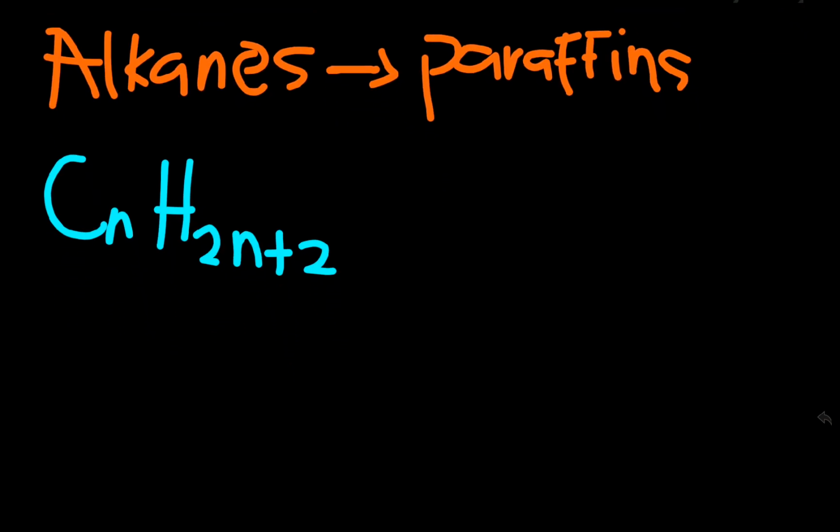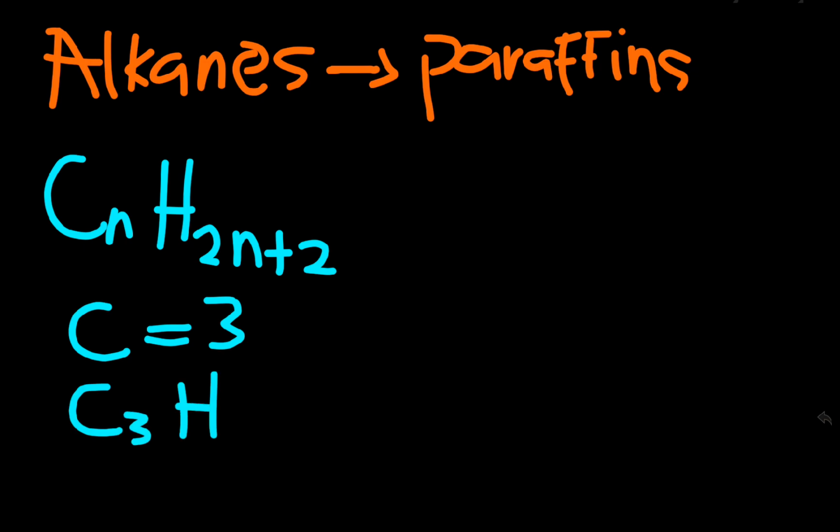First is C3, and it becomes C3, then H. Wherever we see n, because the C3, the 3 will also be our n. So we'd say 2 times 3, plus 2.